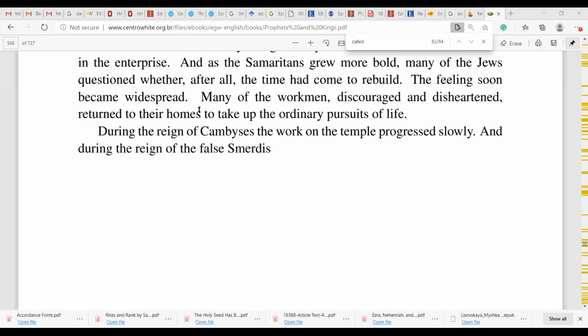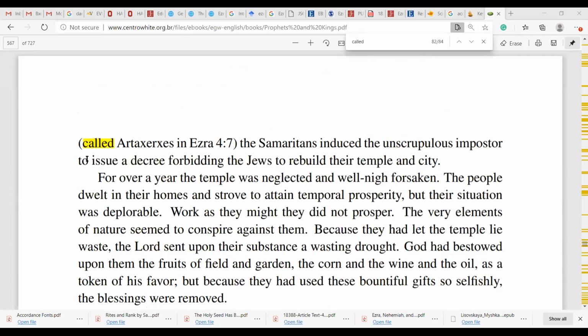So during the reign of Cambyses, the work on the temple progressed slowly. And during the reign of the false Smerdis, called Artaxerxes in Ezra 4:7. So I don't know what is in your Bible, 4:6 or 4:7. Okay, at the beginning of the reign of Ahasuerus, Ahasuerus is Xerxes.